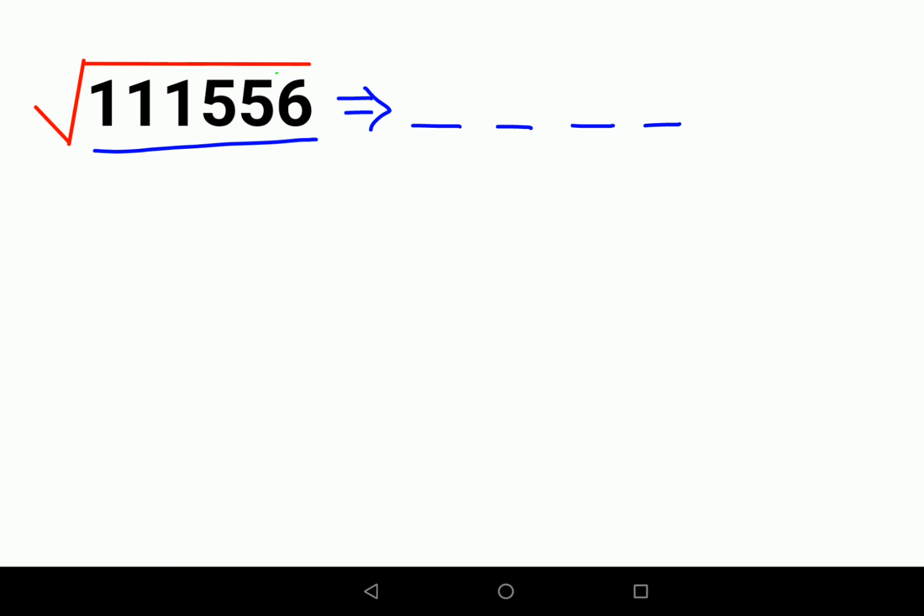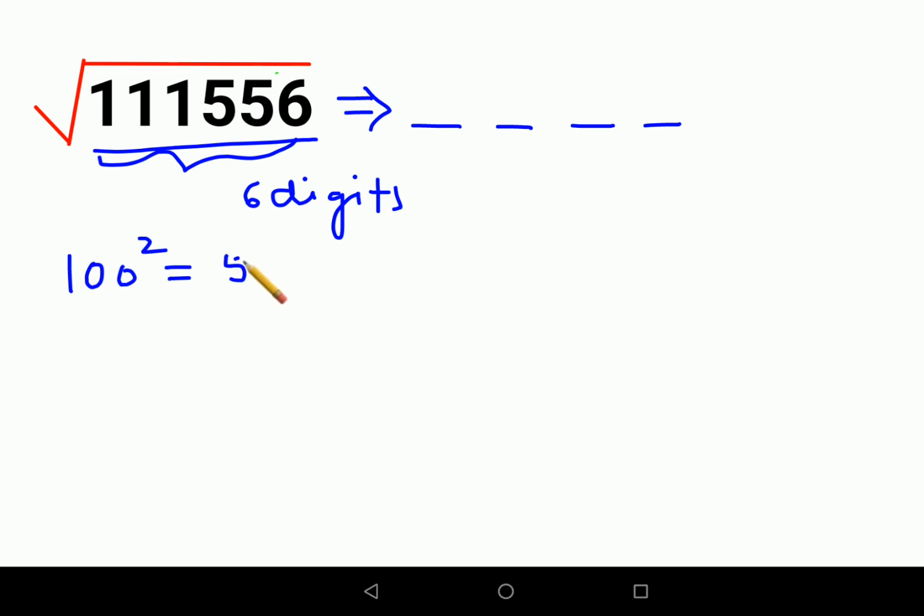Now the first thing is we need to see how many digits this has. You will count and realize this is 6 digits. So we need to check whether the answer has 2 digits, 3 digits or 4 digits. Let's do 100 squared. It is 1 and 4 zeros, so total 5 digits.